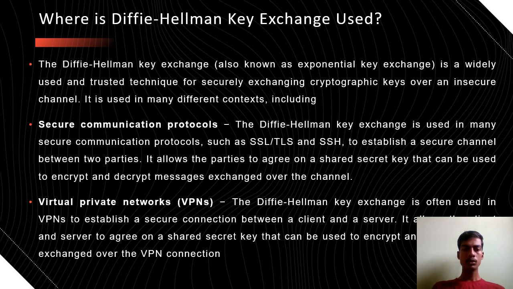It can also be used in virtual private networks, that is VPNs. The Diffie-Hellman key exchange is often used in VPNs to establish a secure connection between a client and a server. It allows the client and server to agree on a shared secret key that can be used to encrypt and decrypt the data exchanged over the VPN connection.